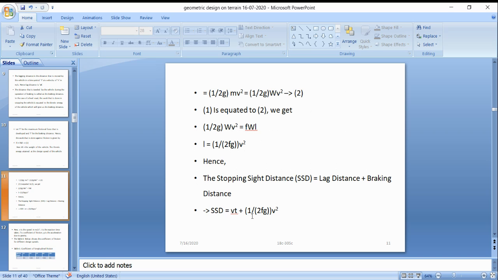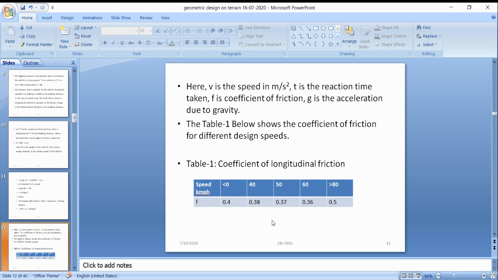This is the formula we will get for the stopping sight distance: Vt plus v square by 2fg. Okay, so SSD equals vt plus v square by 2fg.